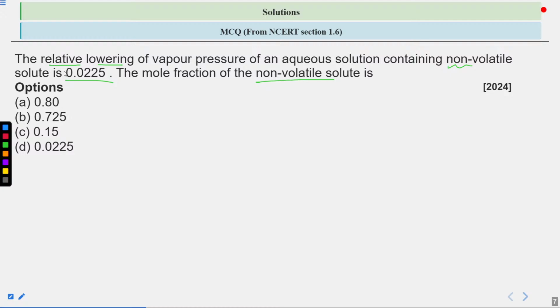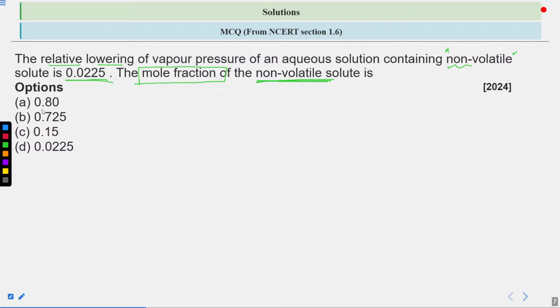Non-volatile solute means it is quite difficult to convert into vapor. For that kind of solution, the relative lowering of vapor pressure is given as 0.0225, and you have to tell the mole fraction of the non-volatile solute.